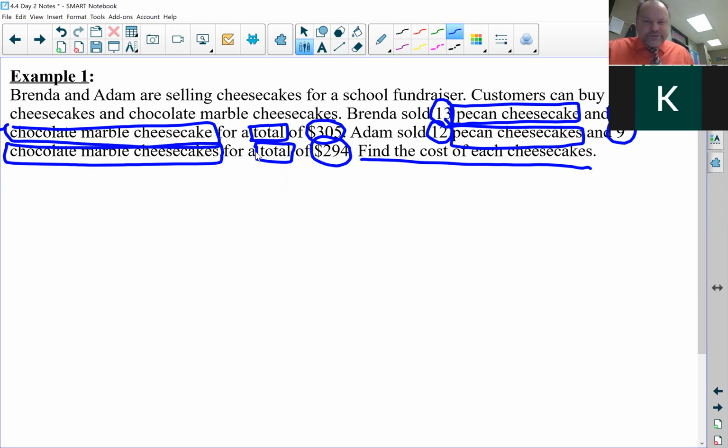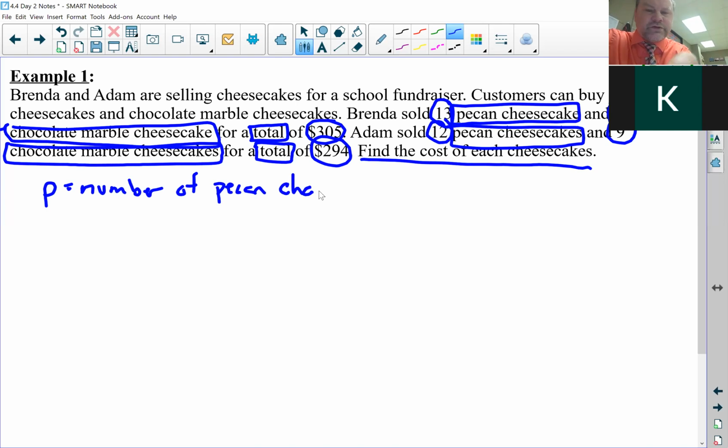All right, then it comes to equations. And so our variables first. I am going to use the variable P to represent the number of pecan cheese... I shouldn't say number. I'll change that. It's actually going to be the price or the cost.